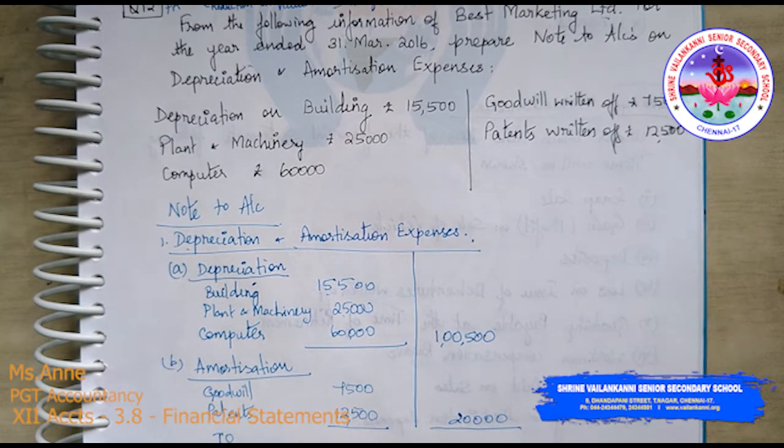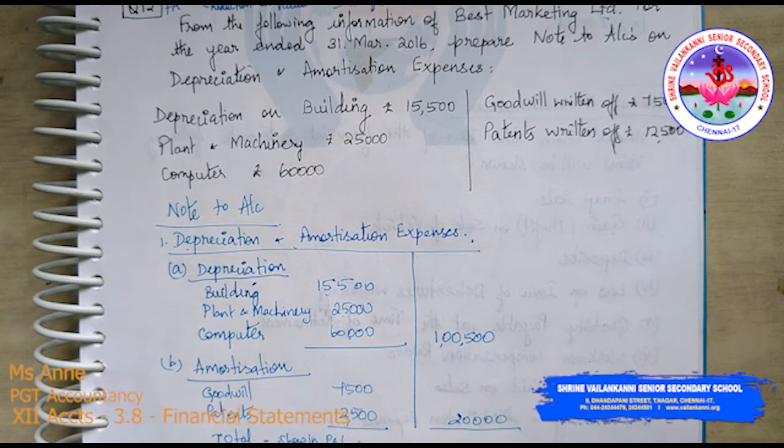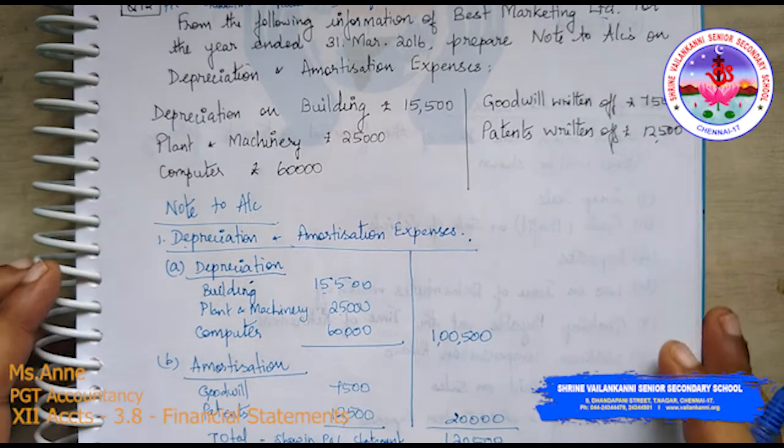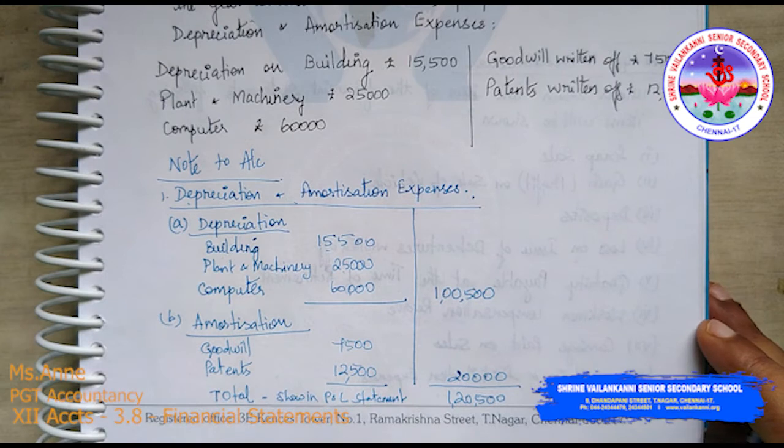You will write the total amount to be shown in the P&L statement. So 1,20,500 should be the amount that needs to be shown in the P&L.